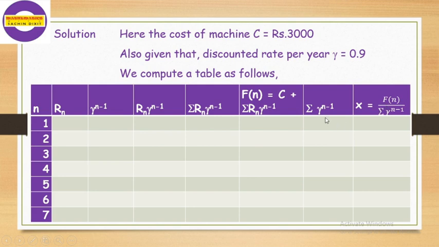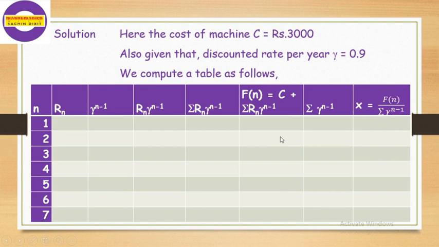In the previous lecture we derived the theoretical part, and in that the average cost is fn divided by the summation of gamma raised to n minus 1.